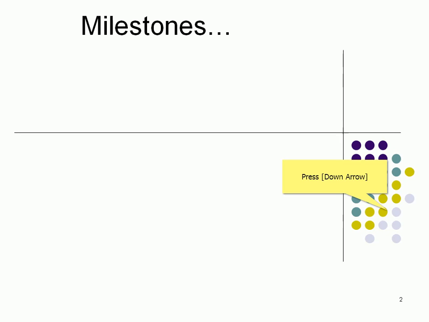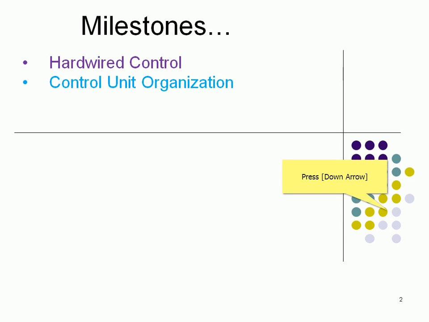steps as milestones: the hardwired control signal generation with the help of the combinational circuit. Also, how to organize the control unit, so that is going to be discussed.